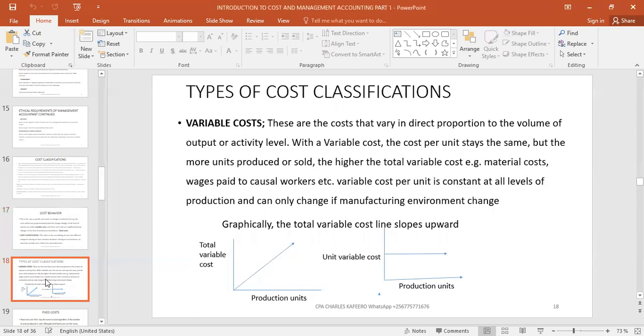So as I told you, cost behavior is an example of a cost classification. It's one of the ways we can classify costs, by checking how the costs react to the changes in the activity level.